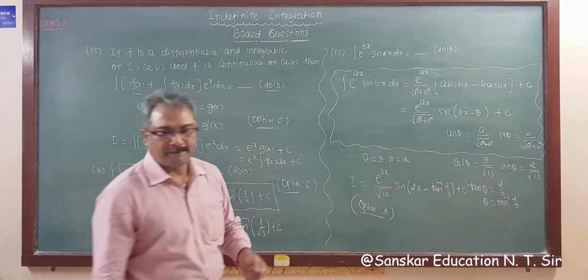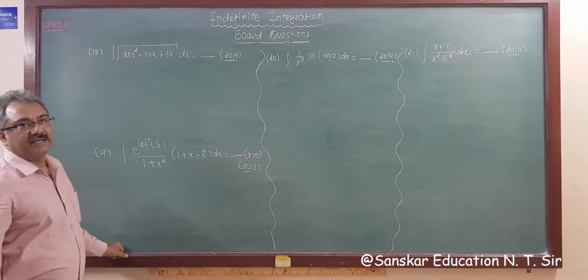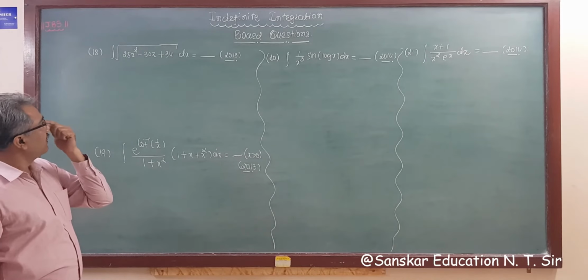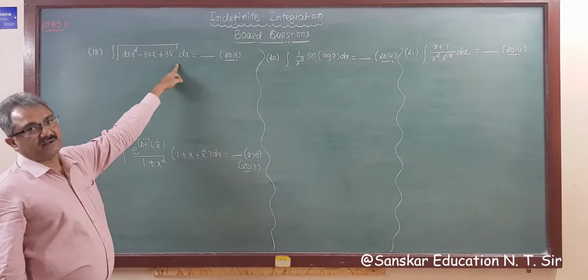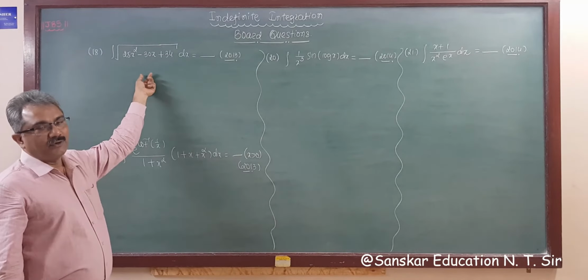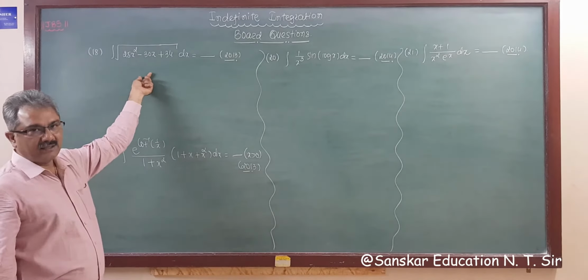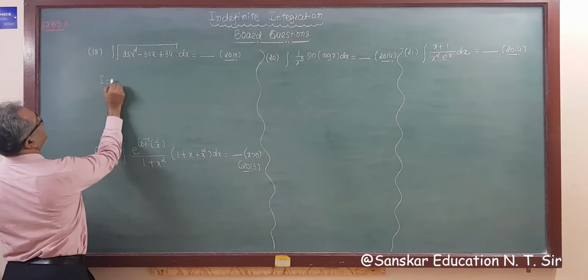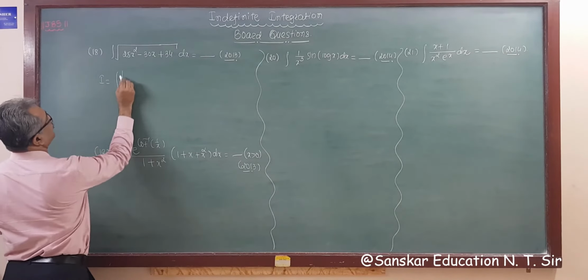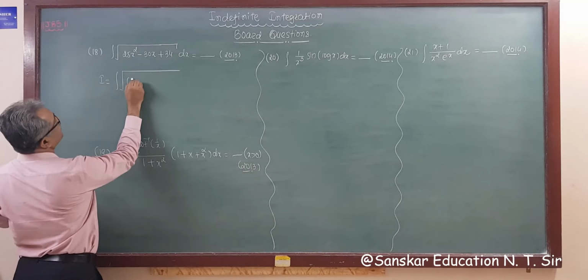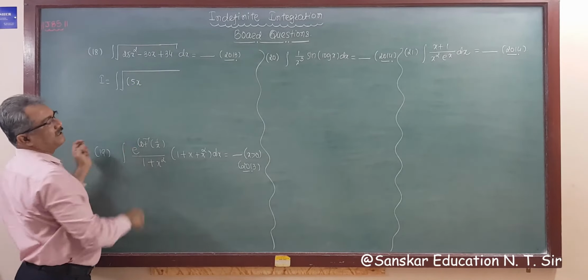Okay. Next question is question number 18. Integration of root of 25x square minus 30x plus 34, right? So you know you have to make this a perfect square. So this is 5x whole square. So your I will be integration of square root of 5x whole square, so this is 5x, right?